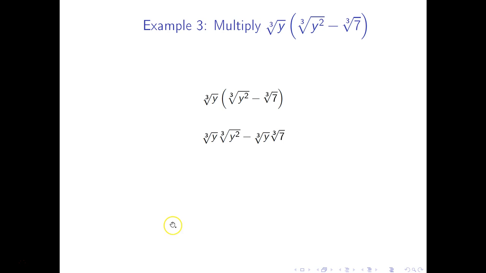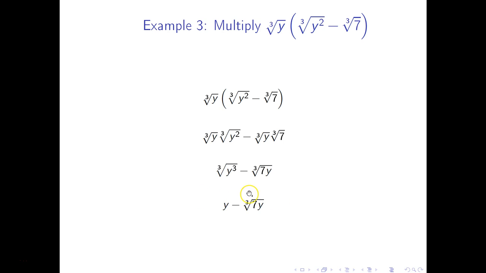Now, when you do that, you can notice, well, this is going to give me the cube root of y cubed. And over here, I get the cube root of 7y, or y times 7. It's just how we usually write it. Now, don't drop your roots. It's going to be important because now we can simplify the cube root. That's just going to give me y, and minus the cube root of 7y.